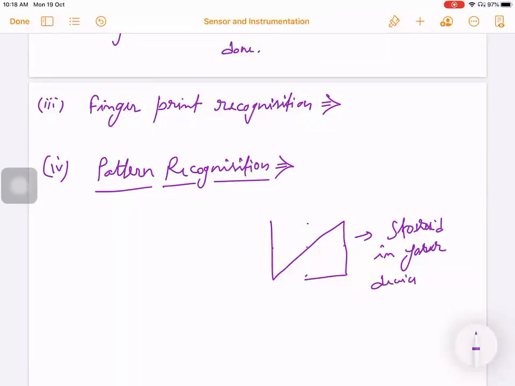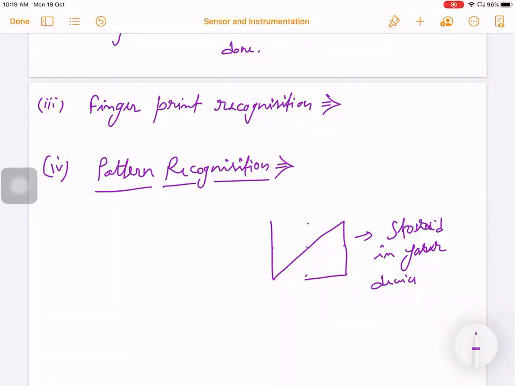And in the case of a gate pass, if someone has their own pattern, and every time the person comes he has to draw the pattern, if it is matched, this person will go inside.